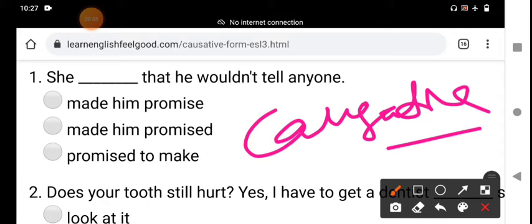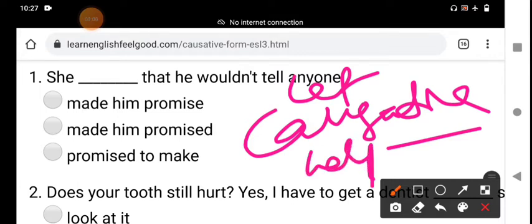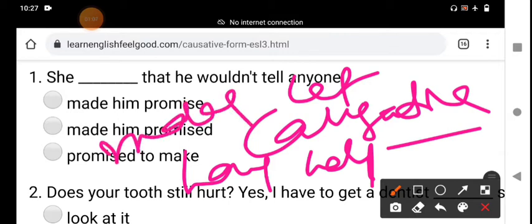The verbs let, help, have, make, and get are the five most commonly used causative verbs, and these are the action words that cause another thing to happen.